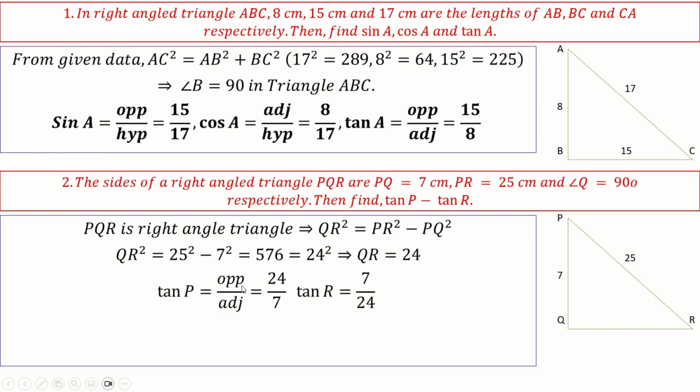Once you know that, tan P is opposite by adjacent, P is here, so 24 by 7. Tan R is 7 by 24. So tan P minus tan R is 527 divided by 168. Next.